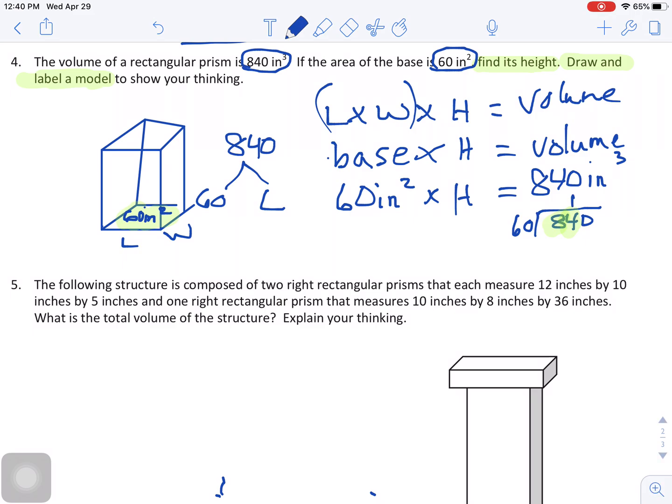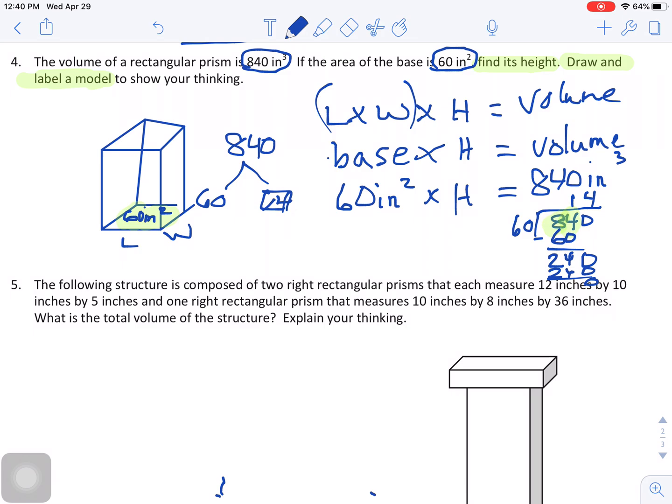If I count by 60s, I'm going to subtract, and we can use our basic facts. Well, I know 6 goes into 24, so 60 would go into 240, and it goes in 4 times. And we end up with a remainder of 0.